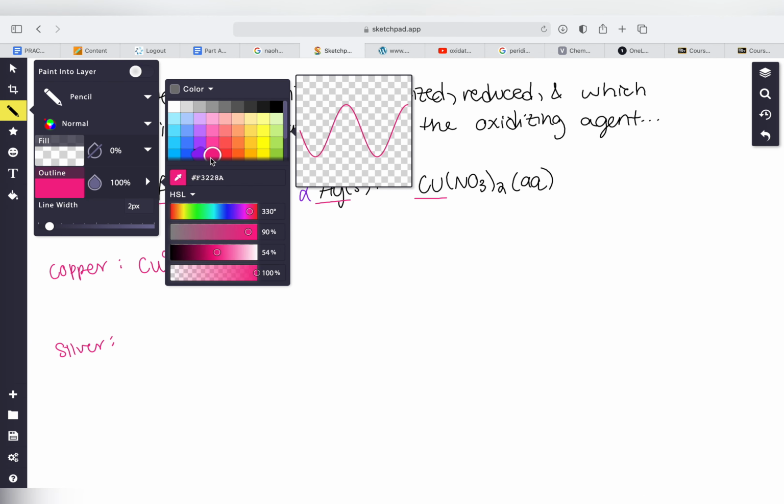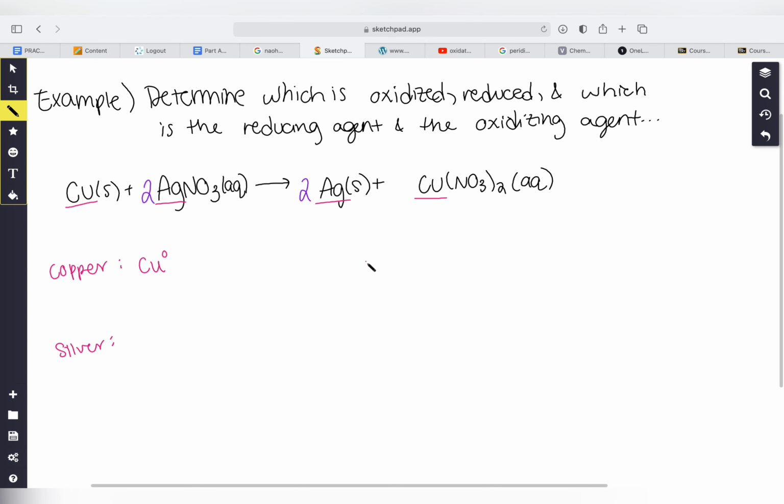That matters when we're going into reducing and oxidizing and how many electrons you actually gain, because we have to multiply by the amount of moles in a reaction. But for copper, we don't have to worry about that. We start out with a charge of 0, and on the product side we have a charge of +2.